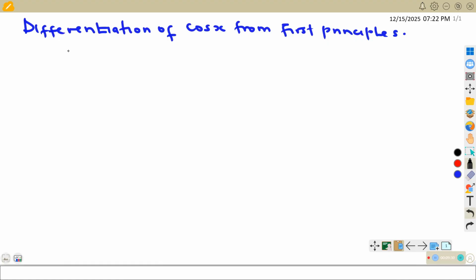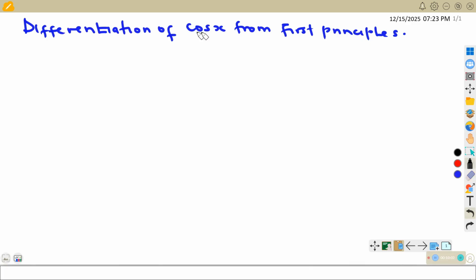As you did in the differentiation of polynomial functions, for example if you are to differentiate x squared, the first step is to create an increment in x, which will create an increment in y. Then you start simplifying from that given point. So we shall be following almost similar procedures.